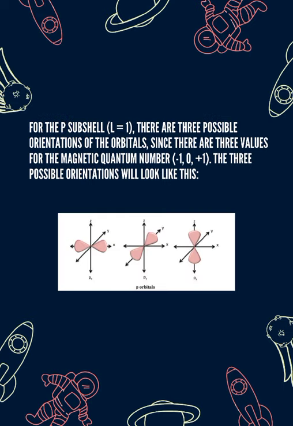For the p subshell, l equals 1, there are 3 possible orientations of the orbitals since there are 3 values of the magnetic quantum number: negative 1, 0, positive 1. The 3 possible orientations will look like this.